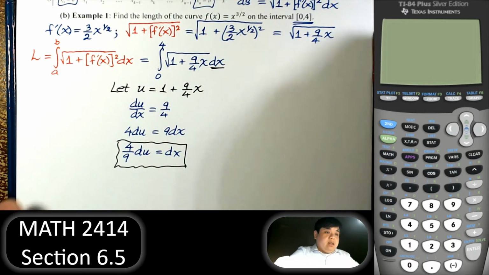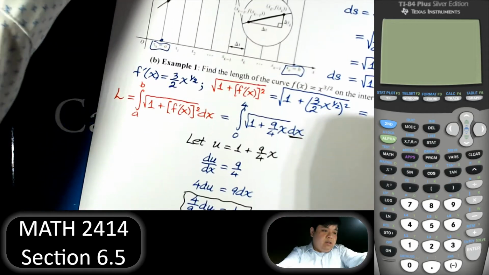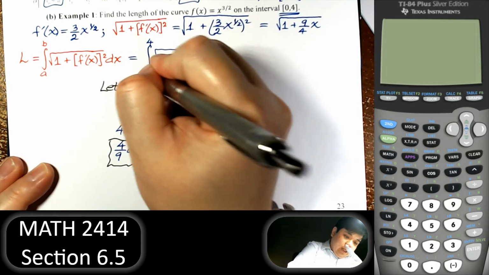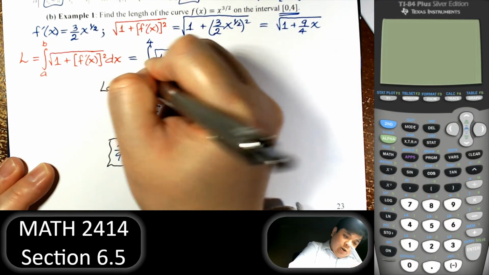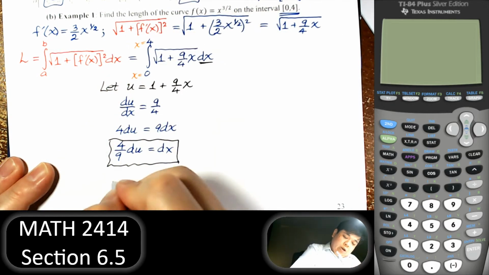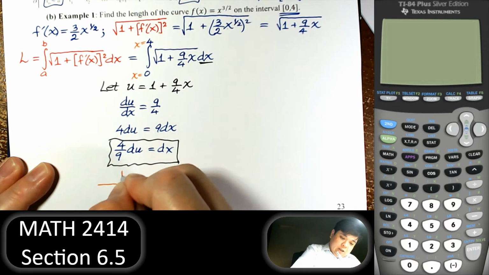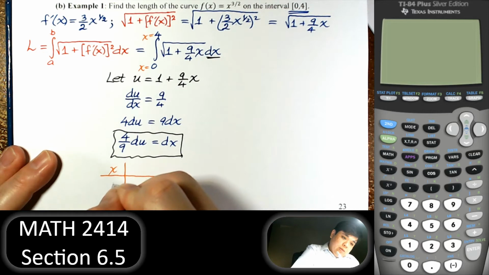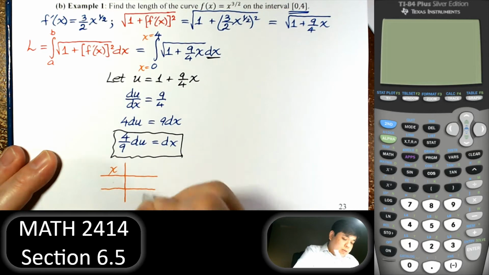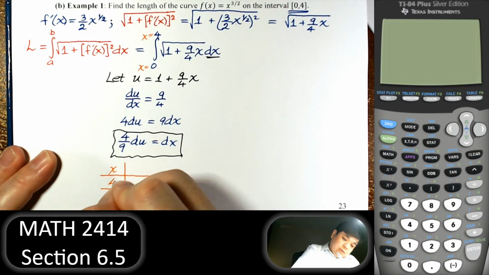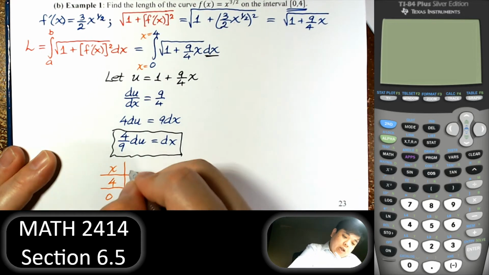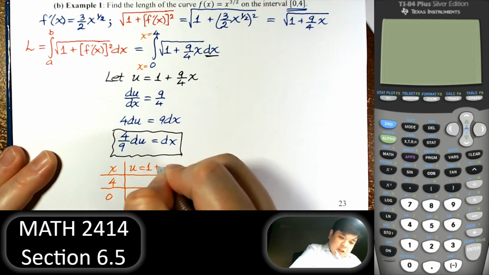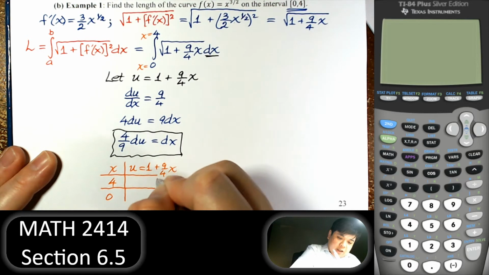Now we have the limits. This is for x going to 0, x going to 4. Right, u is equal to 1 plus 9 over 4 x.